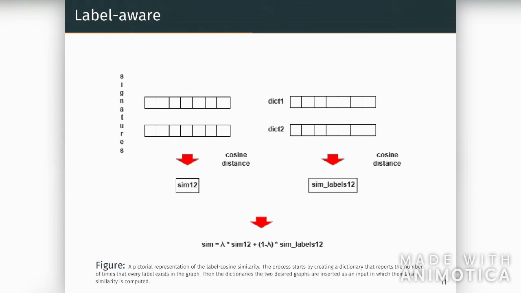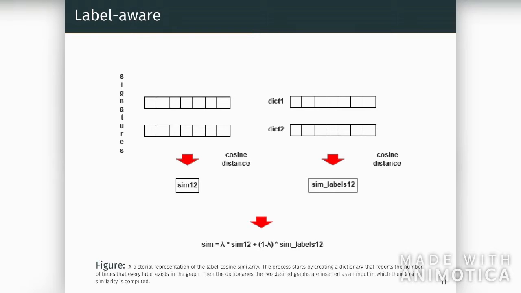In order for the feature extraction approach to become label aware, another process is also performed in parallel. The process starts by creating a dictionary that reports the number of times that every label exists in the graph. Then the dictionaries of both graphs are inserted as input, and their cosine similarity is computed.